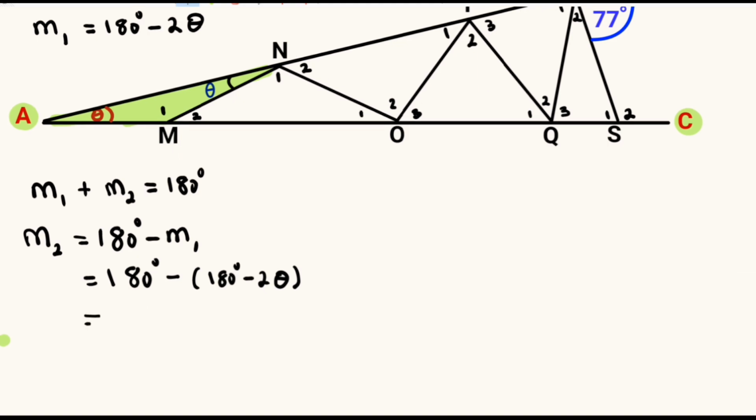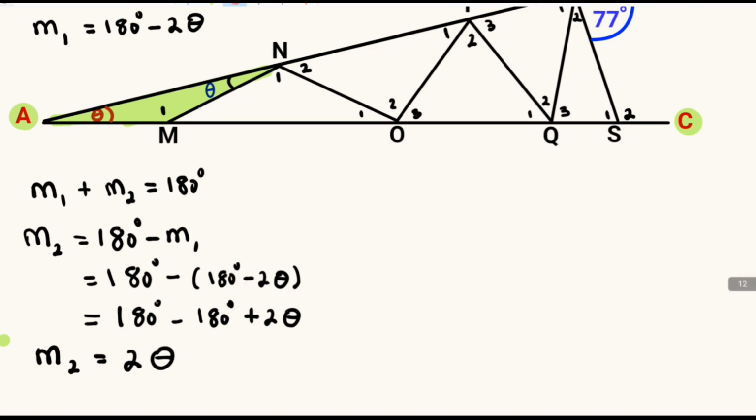And this will be equal to 180 degrees minus 180 degrees plus 2 theta after distributing the negative sign, and our M2 will be equal to 2 theta. So our angle M2 is equal to 2 theta, and since MN and NO are equal, we expect that the O1 will also be equal to 2 theta.